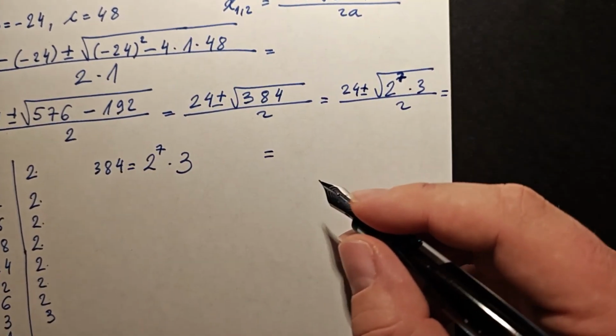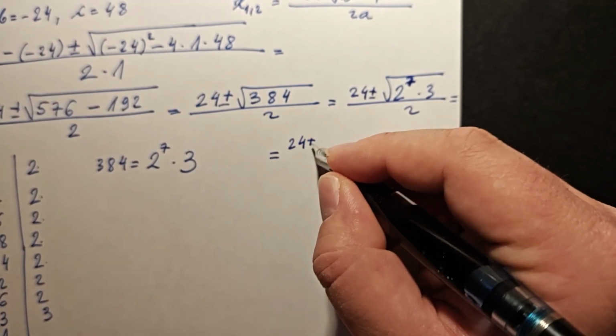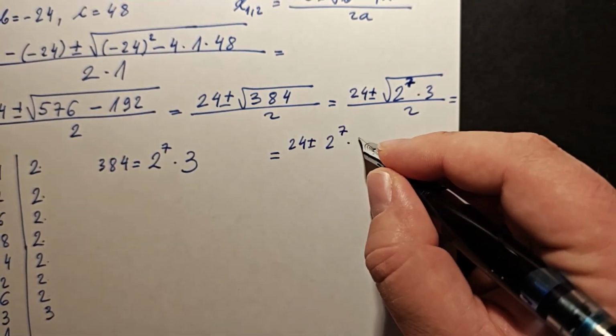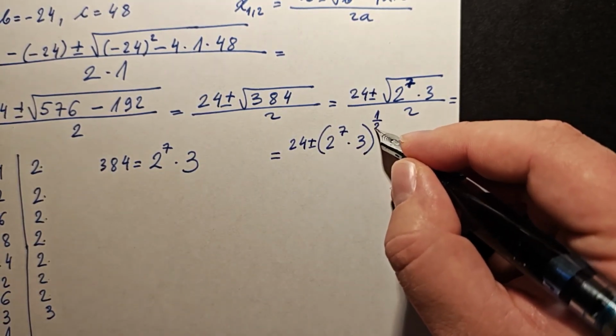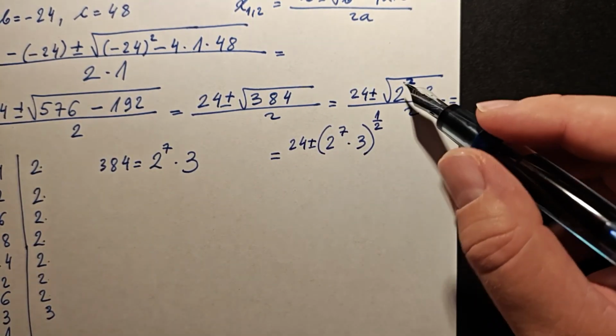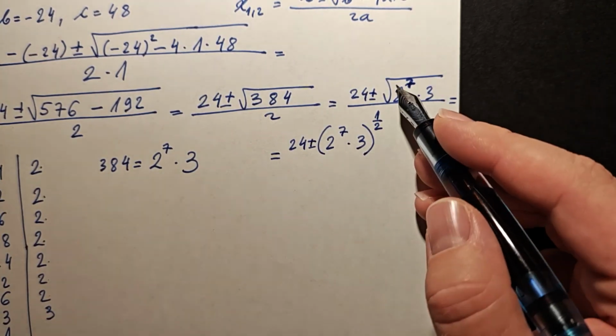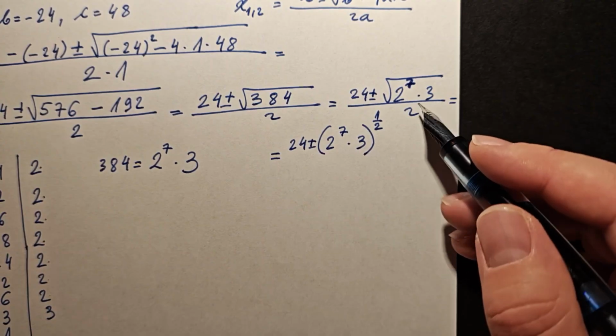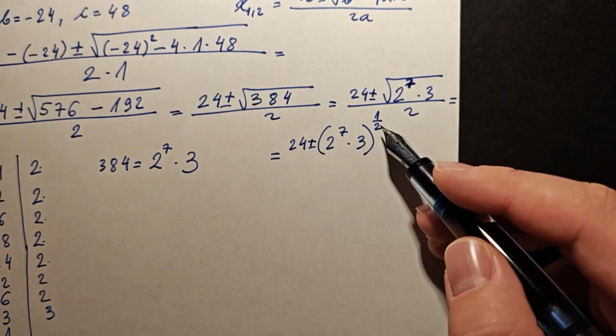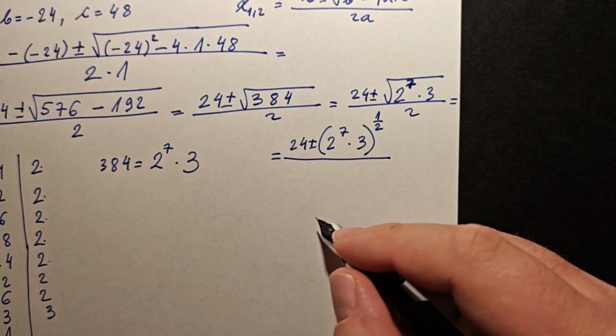That is then equal to 24 plus or minus 2 to the power 7 multiplied by 3. This entire thing is going to be raised to the power of 1/2 because we have this square root, and taking a square root of a number is the same as putting that number to the power of 1/2.